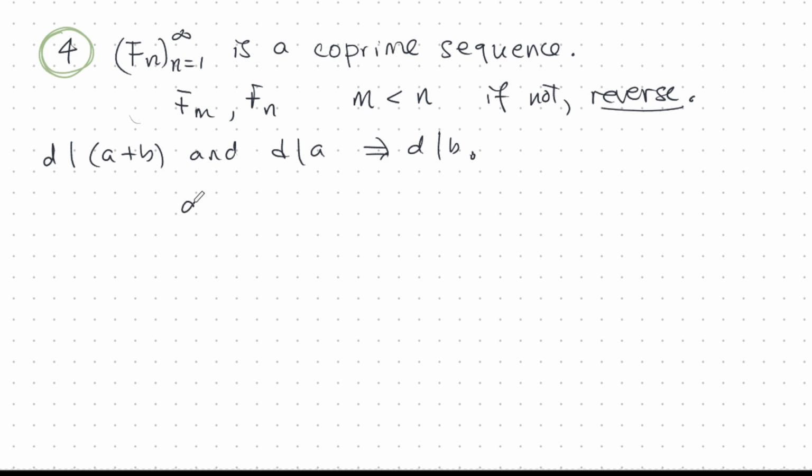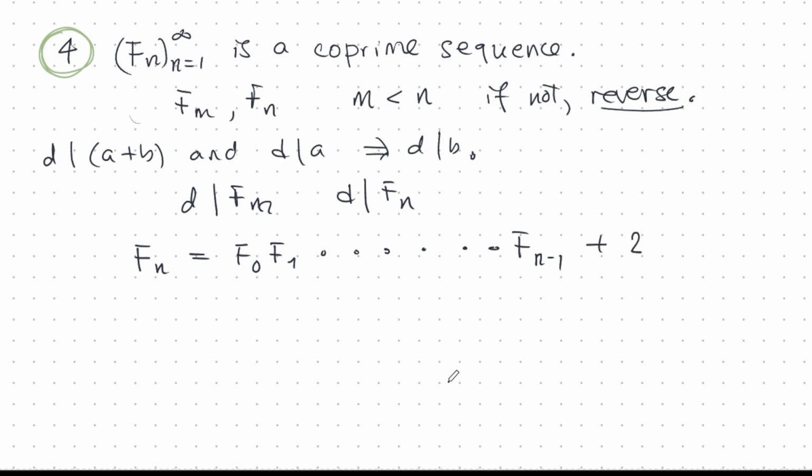So now let's assume that there is a common divisor. D divides f of m, and D divides the nth Fermat number also. And let's see where that goes. So let's write fn and use the Goldbach recursion, f1 dot, dot, dot. I'm going to put like a really big dot here. And then fn minus 1 here plus 2. Okay, great.